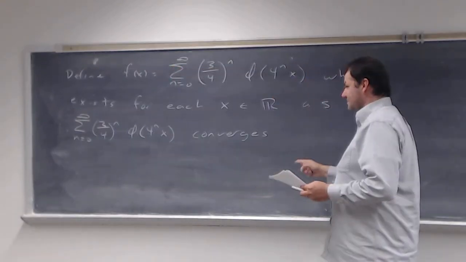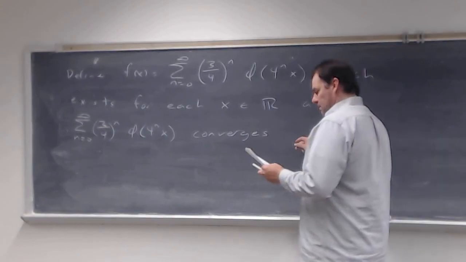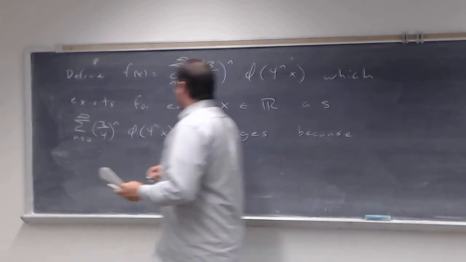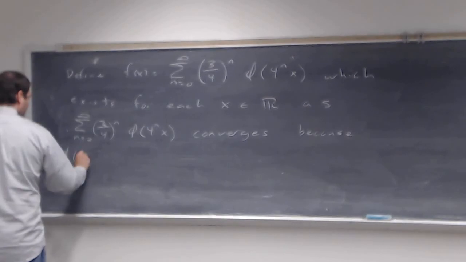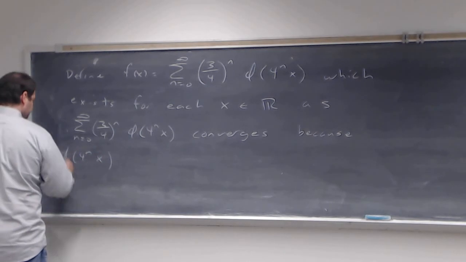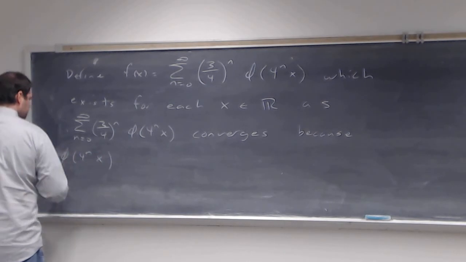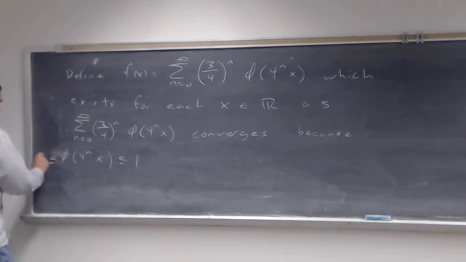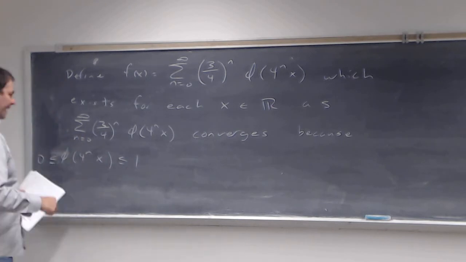And I'm going to take some time to explain why this converges. Because this phi of 4 to the n times x is definitely sandwiched between 0 and 1, you can see from the graph that we had drawn.